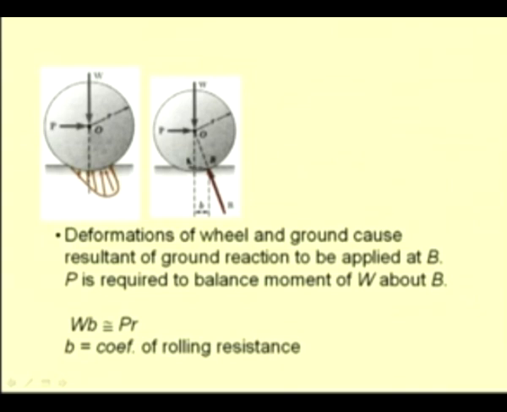But for small deformation, we can say that this distance OA is equal to the radius of the wheel itself. So, this is approximately equal to P times r.